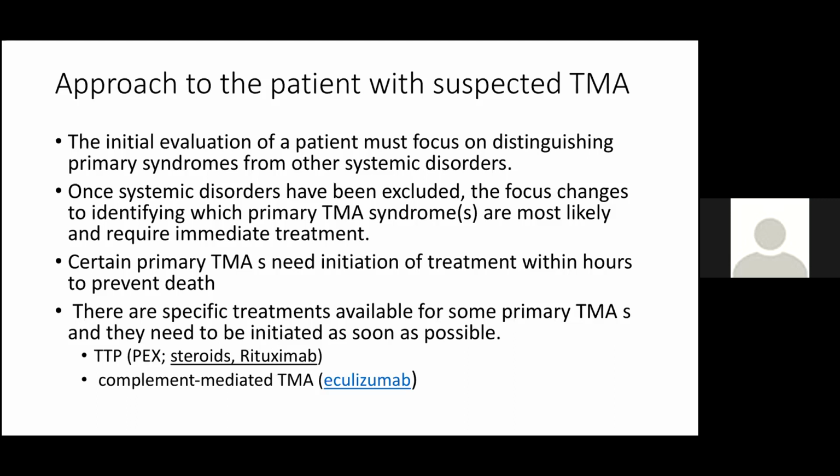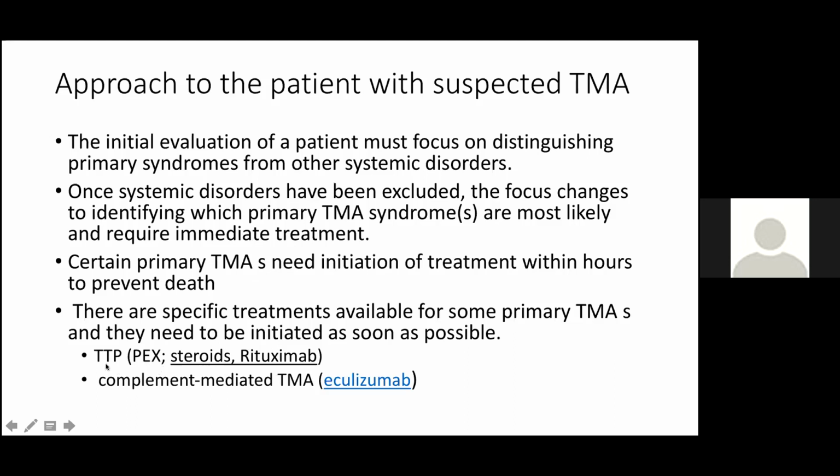Once systemic disorders have been excluded, the focus changes. Then you must identify which type of primary TMA it is, because different TMAs have different management. Certain primary TMAs need treatment within hours to prevent death. These are the two main TMAs you have to identify promptly.